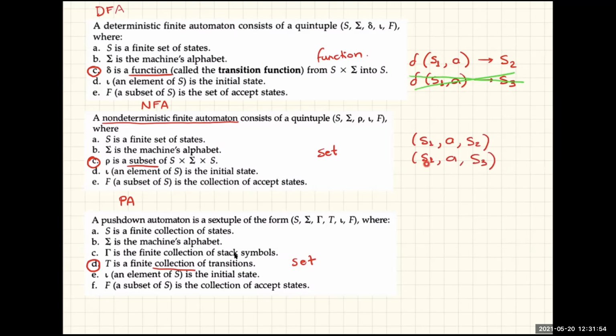So by this means I can represent this, but then delta cannot be a function. It needs to be a set. So now that we have seen the difference between one and another, we can see that deterministic finite automata are, of course, as the name says, deterministic. And non-deterministic finite automata are non-deterministic.